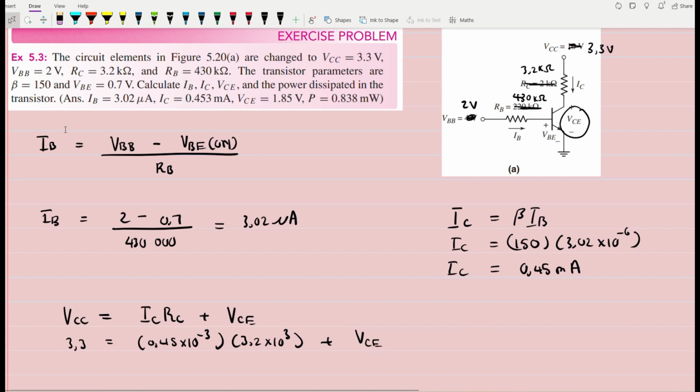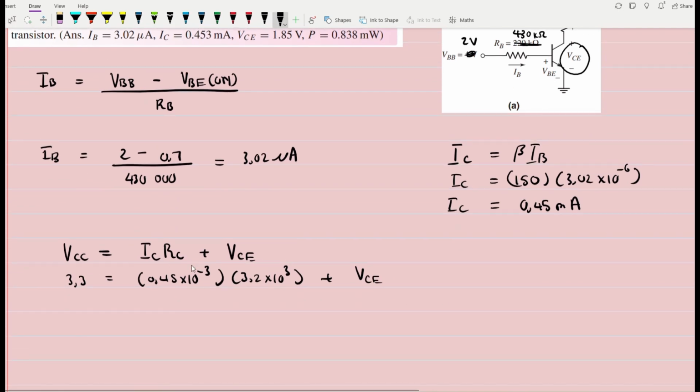We can multiply these two and take them to the other side. So now VCE is equal to 1.8504 volts.